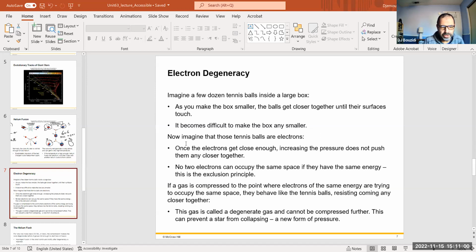Now, degeneracy is another concept that you have to think about. If you take loosely compacted balls, it doesn't matter which, tennis balls or anything like that, and you start squeezing them, there is a certain size that you cannot exceed. This is similar to what happens in the case of atoms.